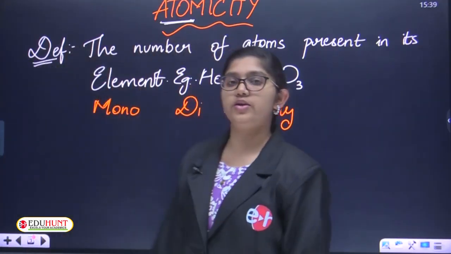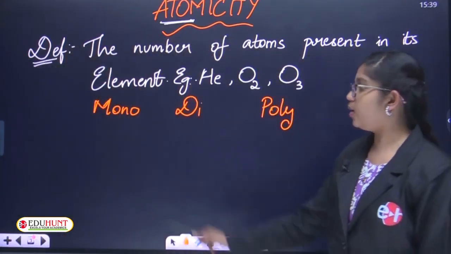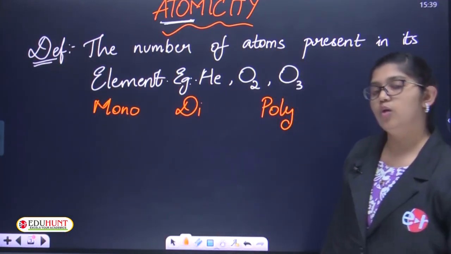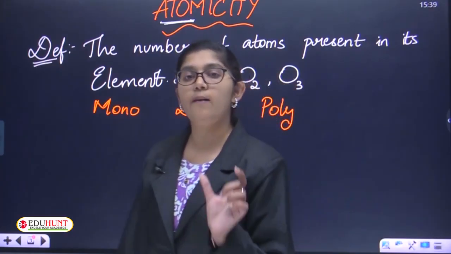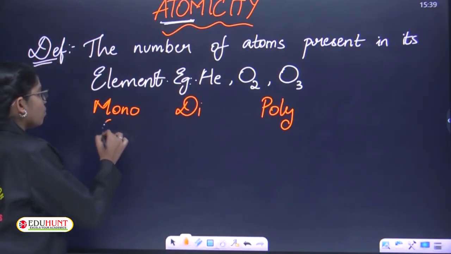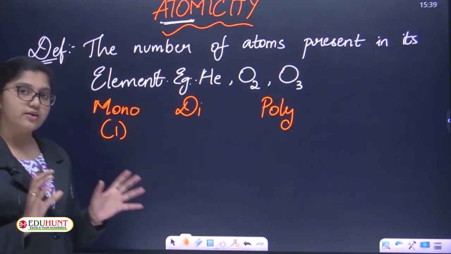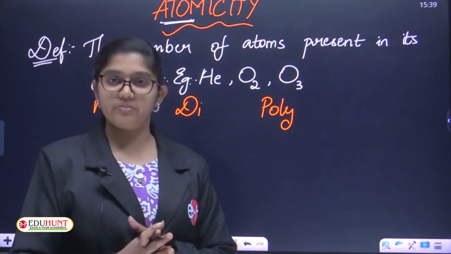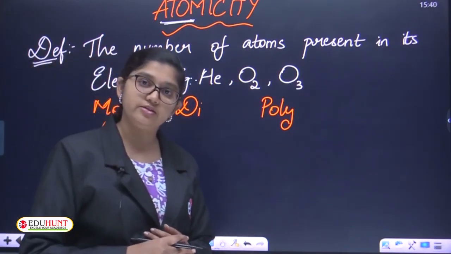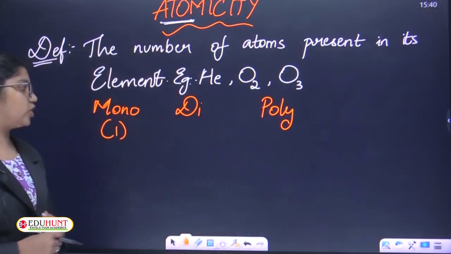Atomicity is classified into 3 main categories, namely monoatomic, diatomic, and polyatomic. What is meant by the word mono? Mono means single. Yes, one, only one. If there is only one atom present in that particular element, it is called a monoatomic element. Okay? And if there are 2 atoms in that particular element, we call it a diatomic element.